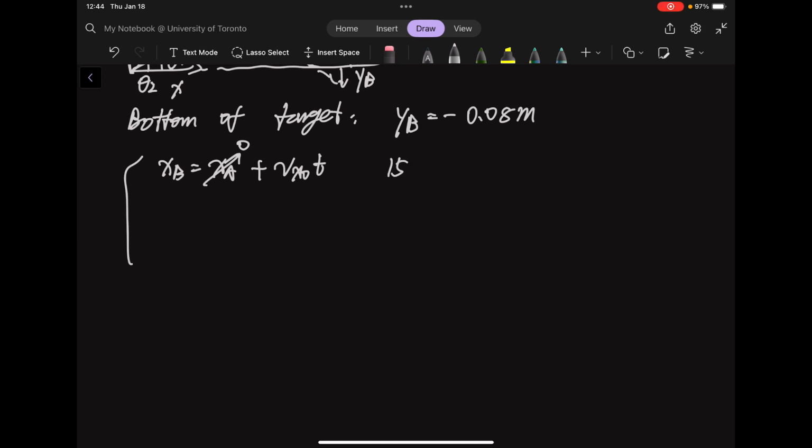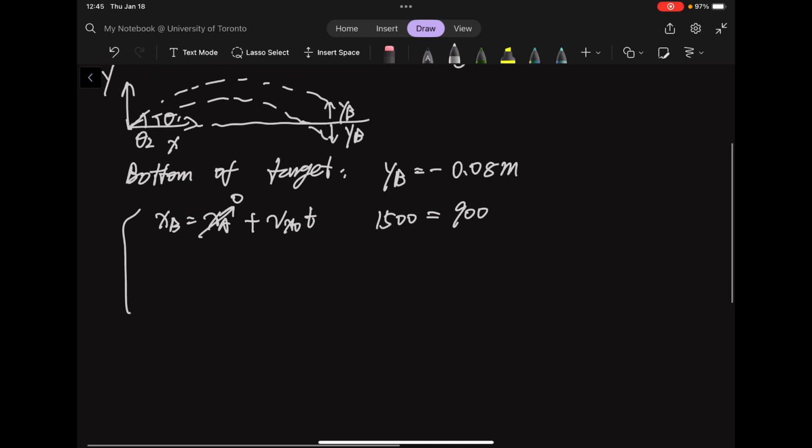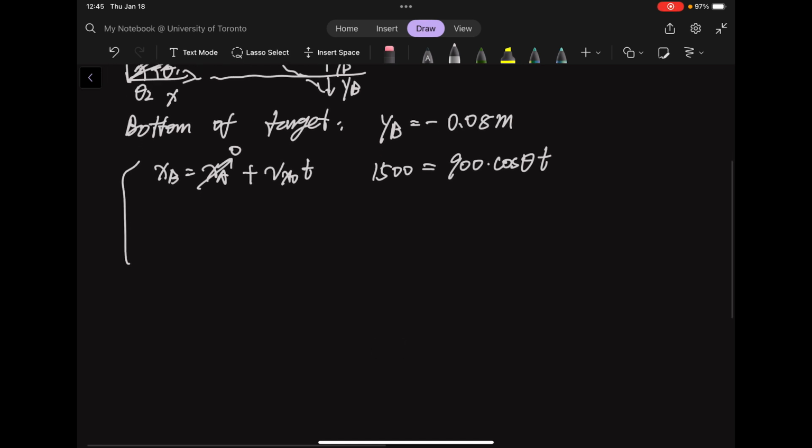We have 1500 is equal to 900, because right here we need the velocity in the x direction, so we should times cosine theta and t. And also YB is equal to YA, equal to 0, plus VYOT minus 0.5 gravity t square.